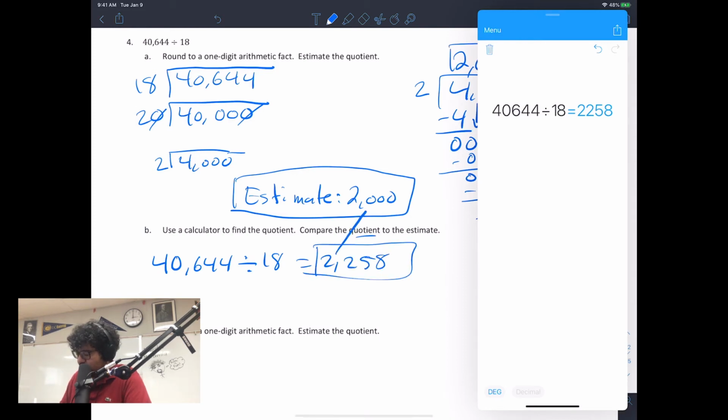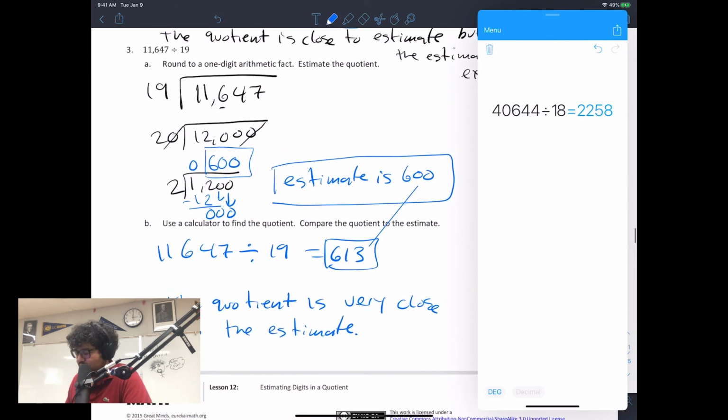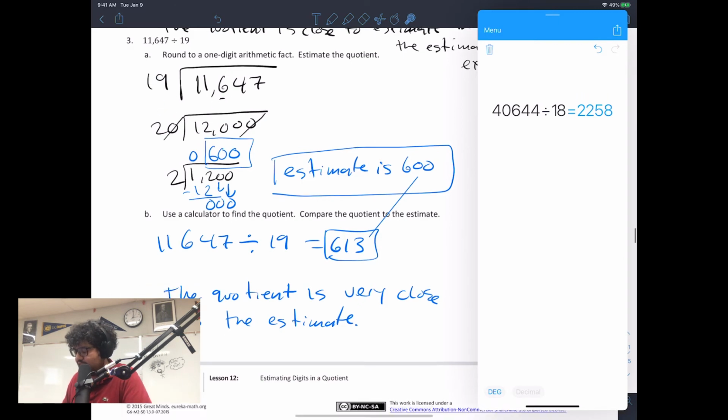Okay, so look at the actual quotient, my actual answer, and my estimation. We can say that the quotient is close, but it's not as close as this one back here. This one was really close. And once again, it has to do with the fact that my estimations are closer to the actual numbers. That's the reason why. Again, my estimations are much closer.